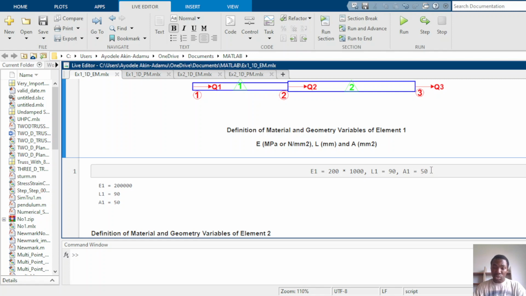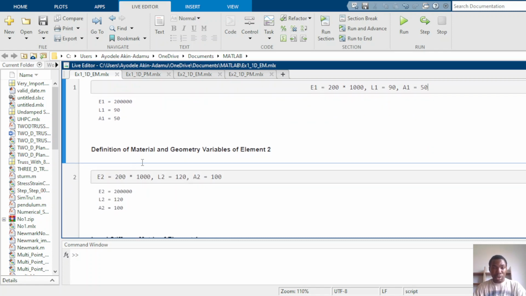Once I write this code and click run, these values are stored in the MATLAB memory and displayed under the MATLAB code. So here we see E1 equals 200,000 Newton per millimeter square, L1 equals 90, A1 equals 50 mm square.